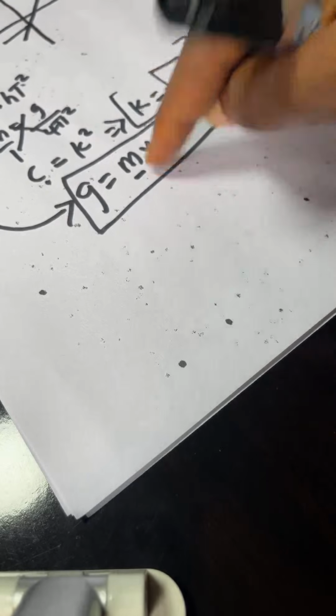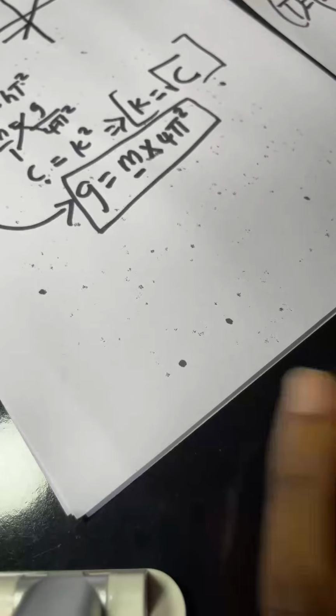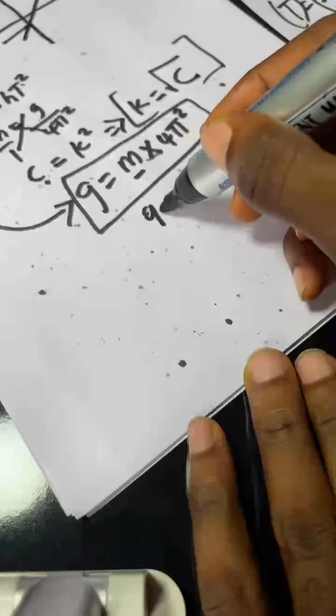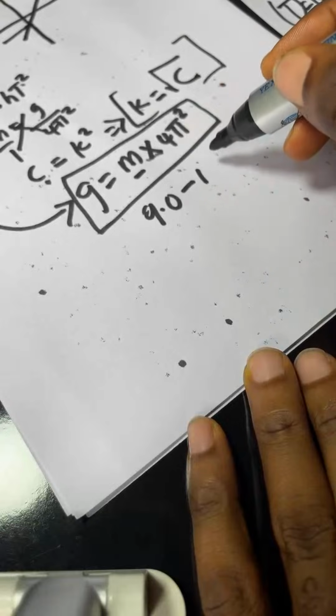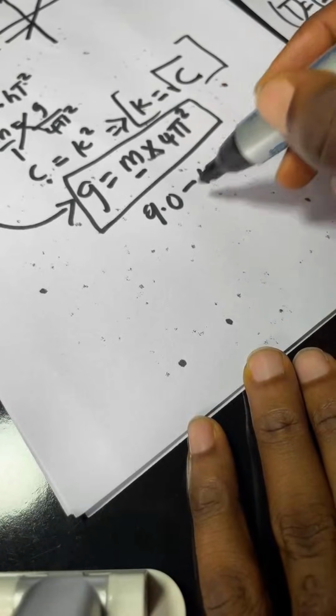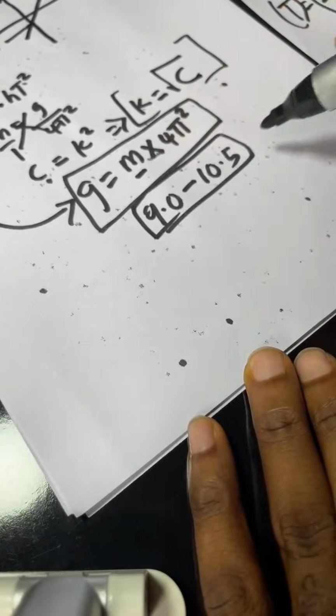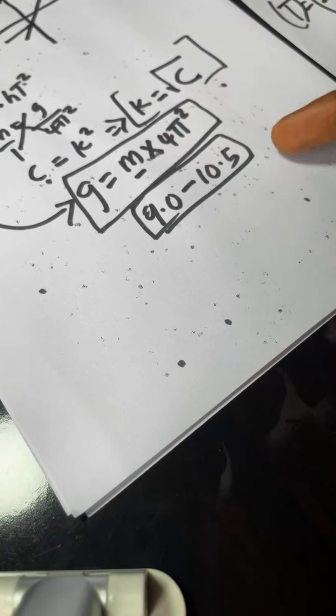So who can guess? Once we guess this, we'll know that our g, remember, we are supposed to have our g from 9.0 to 10.5 due to error we experience when doing the practical. So who can guess this?